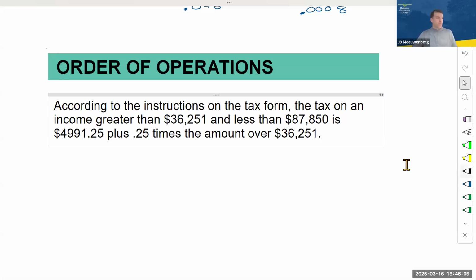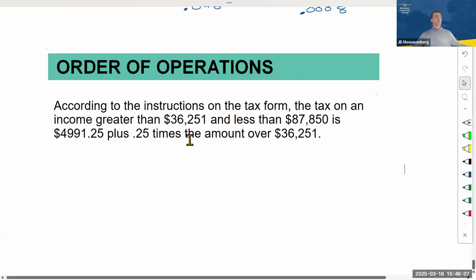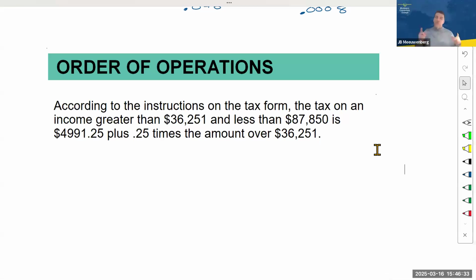It says, according to the instructions on the tax form, the tax on an income greater than $36,251 and less than $87,850 is $4,991.25 plus 0.25, or 25% really, times the amount over 36,251. So the first thing I'd recommend is just pausing and rereading this a few times so you can make sense of it before I explain it, then come back.